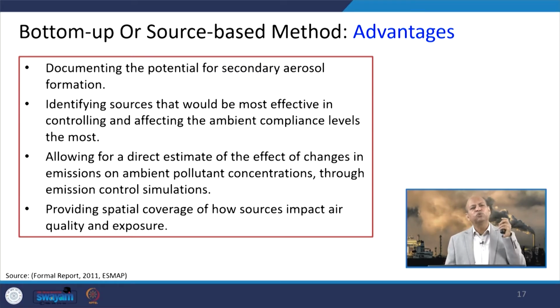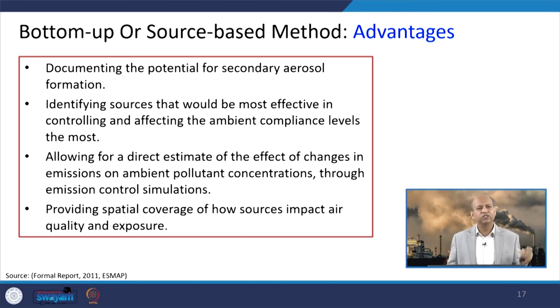Then we can also document the potential sources and formation processes of secondary aerosols, and we can identify the sources which will be most effective, because we know different kinds of sources in terms of quantity as well as their effect on air quality concentration by using the dispersion model. So, we can now know which source is dominating, which is the culprit deteriorating the air quality in a significant way.